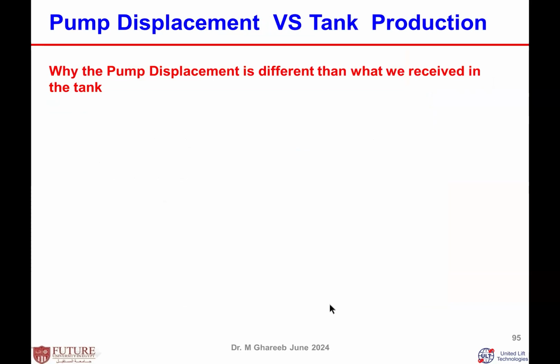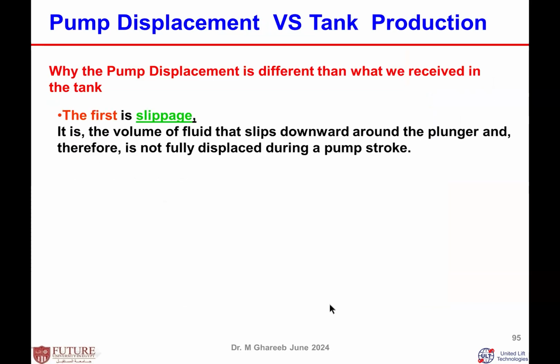What makes the fluid displaced at the pump different from what we see in the tank? Different things. First of all, slippage. In order for the plunger to move inside the pump, there is a clearance, some space between plunger and barrel. For each stroke, some fluid will slip down. I have to calculate that.